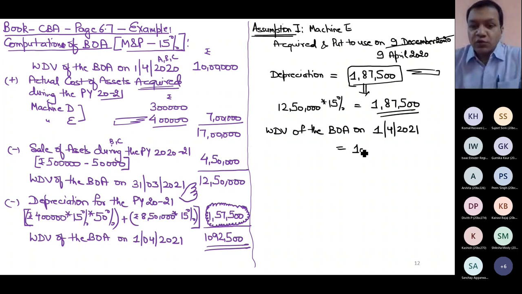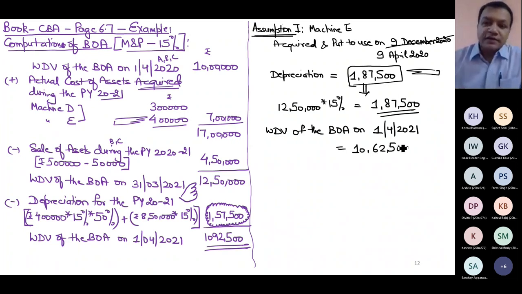So the next year WDV opening will become 10,62,500. Has everyone understood it? If yes, please raise your hands. Hurry up, try to understand it, and please raise your hand.